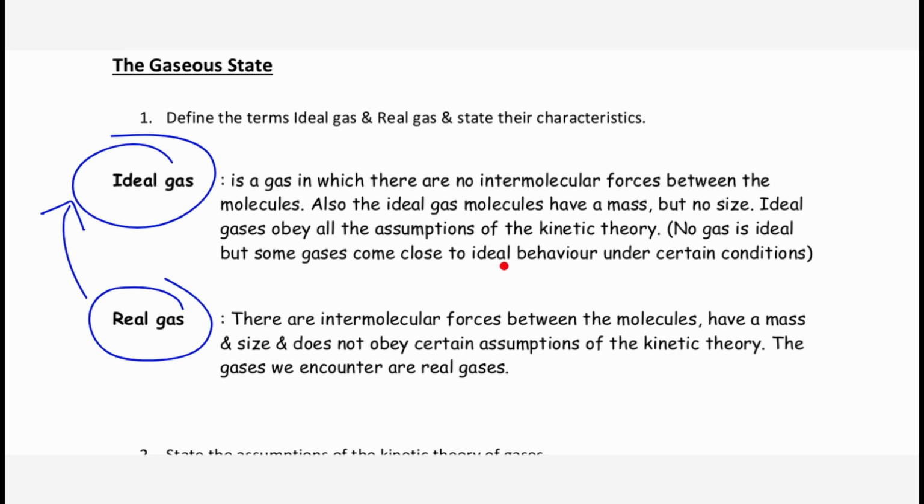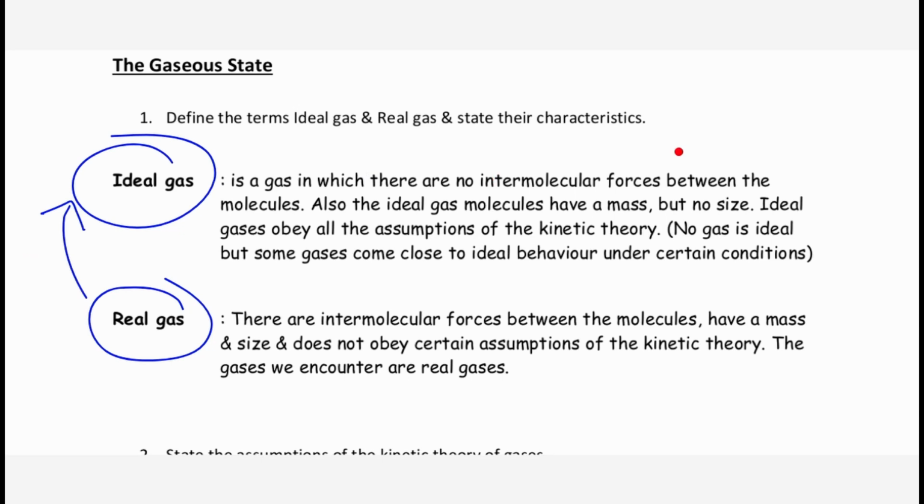So ideal gas is just a definition, just a concept, just an idea. If you ask me for examples of ideal gas, there are none. But the real gases under certain conditions can come close to ideal behavior, and we'll study shortly what those conditions are.